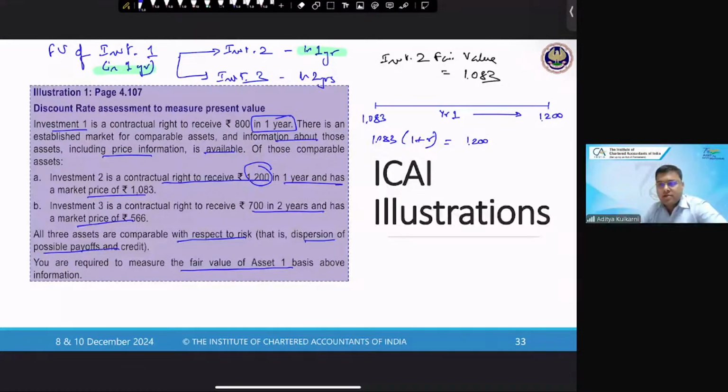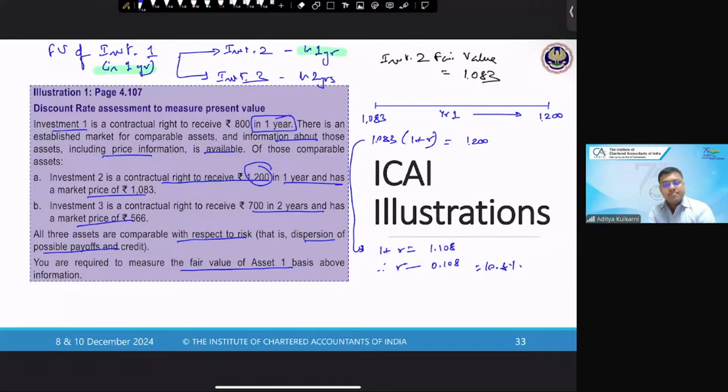Are you able to follow? Yes, sir. This is simple arithmetic. So I'm just following it up here. 1 plus R is equal to 1.108. You can check 1200 by 1083. 1.108. Therefore, R is equal to 0.108, or that is equal to 10.8%. Anybody has any doubts still here?